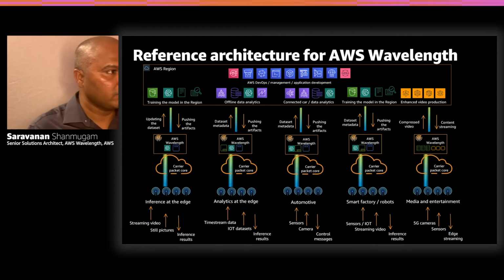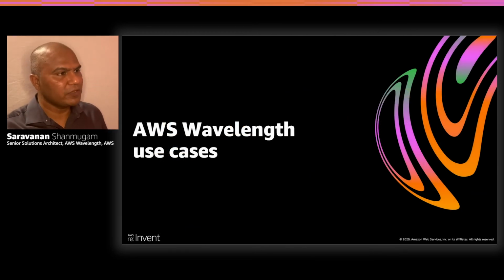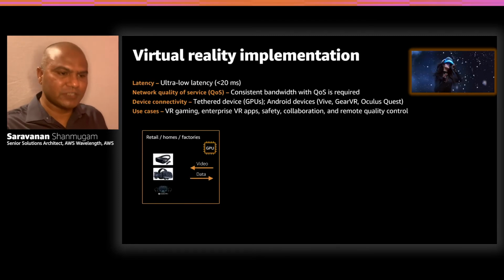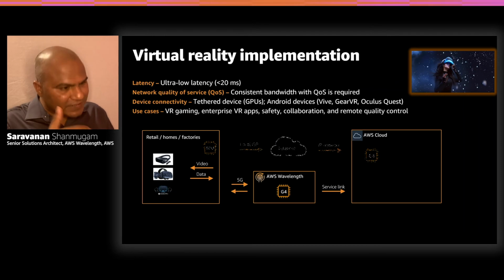Okay, let's quickly look at the different use cases. Virtual reality implementation actually challenges the boundary of 5G and edge computing, right? If you look at VR, AR use cases, they require a very ultra low latency path, and most of the time it's always tethered devices, right?